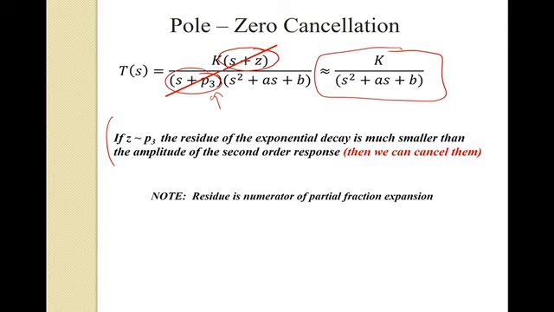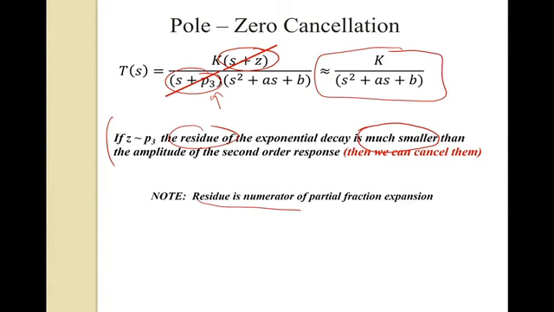So technically what happens is the residue, and you can see the definition, the residue is the numerator when we do our partial fraction expansion. But if the residue of the exponential decay is much smaller, and again, what is much smaller? We'll define that as we do some worked examples. If the exponential decay is much smaller than the amplitude of the second order response, then we can cancel those.